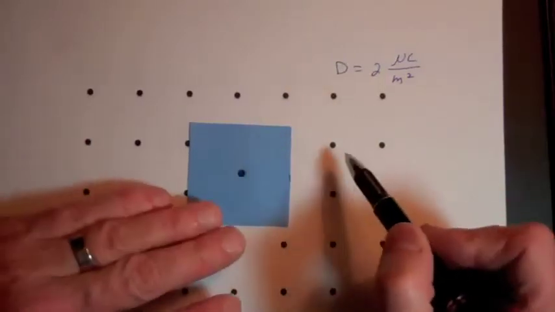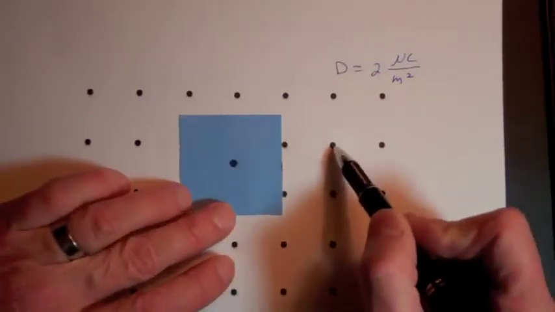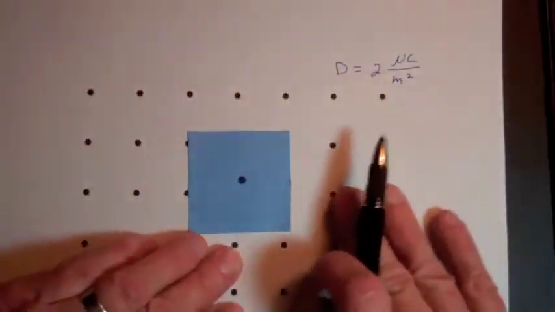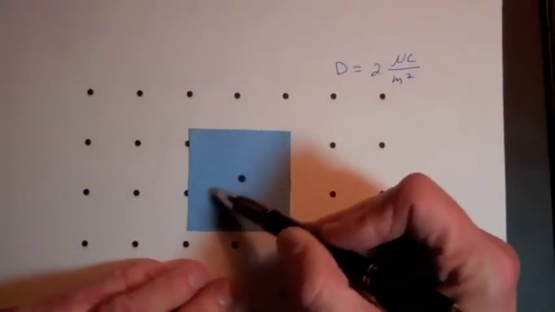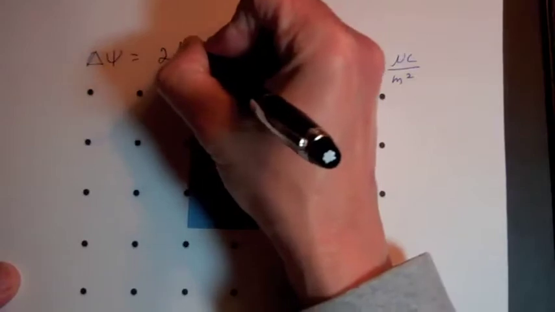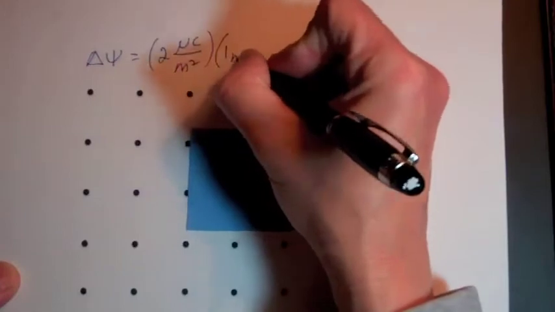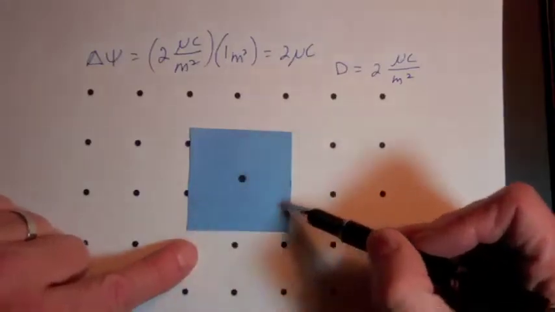When this unit normal is in the same direction, in other words, the angle between this unit normal and our electric flux density field is 0, then this surface lies in the plane of our page, and the amount of flux, the amount of these dots going through this surface, gives us the amount of electric flux going through the surface, which is just the electric flux density field of 2 microcoulombs per square meter times the surface area of 1 square meter, or 2 microcoulombs of electric flux coming through this 1 square meter.